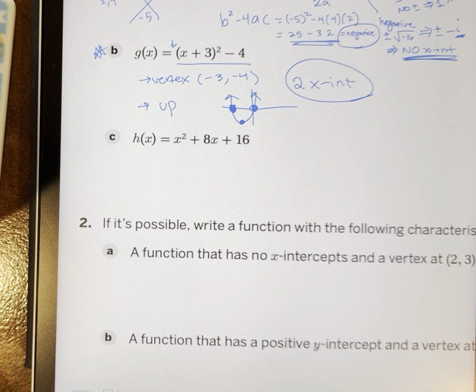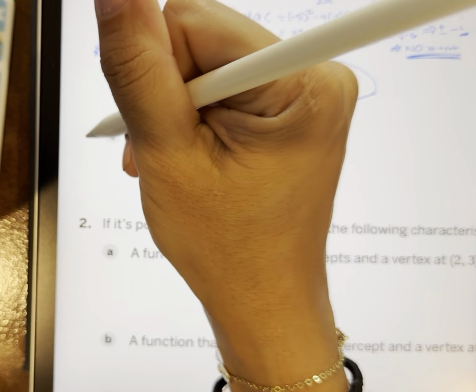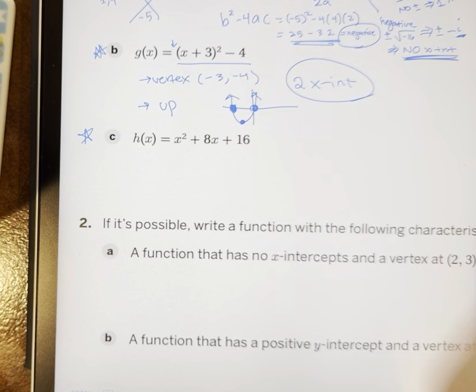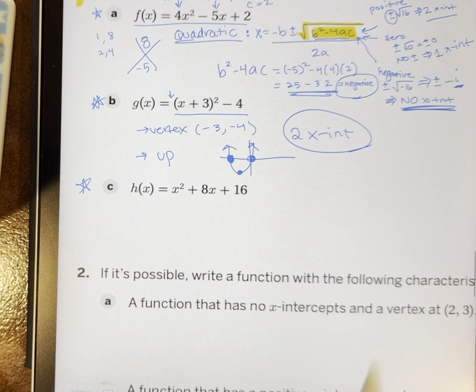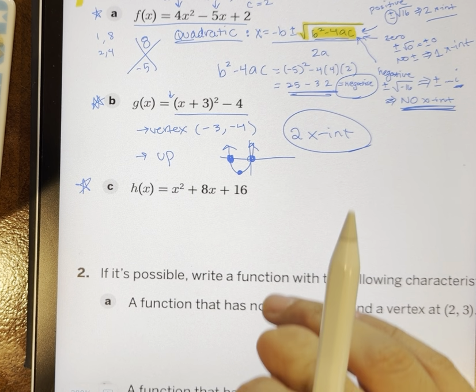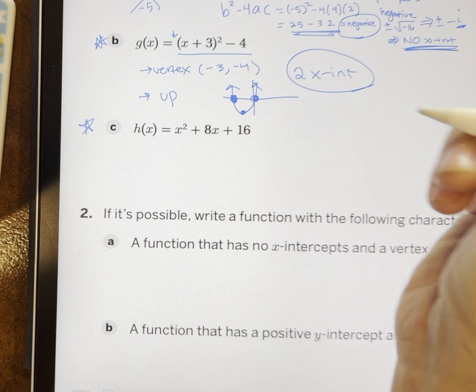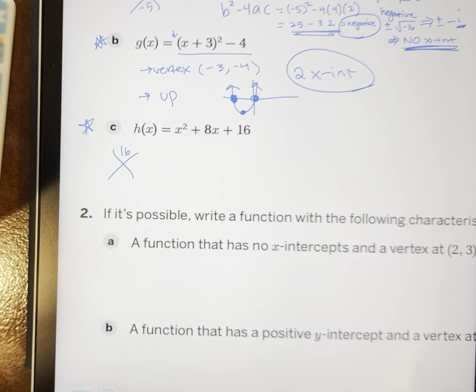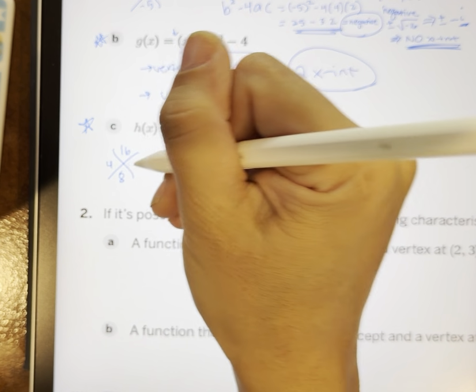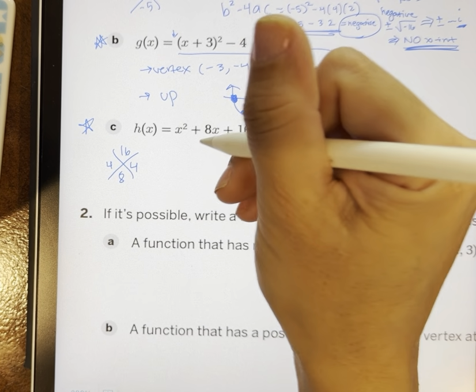Now this last one, I factor, just like I wanted to do with part A, okay? I see a standard form. Remember, we can't really tell in standard form, so I factor this guy, and what do I get? I need 2 numbers that multiply to make 16 and add to make 8. That's 4 and 4, both positive.